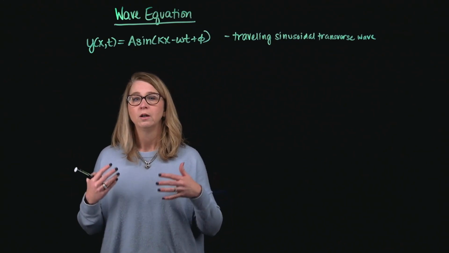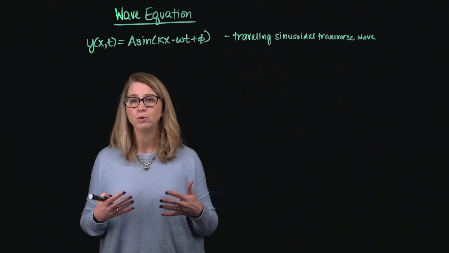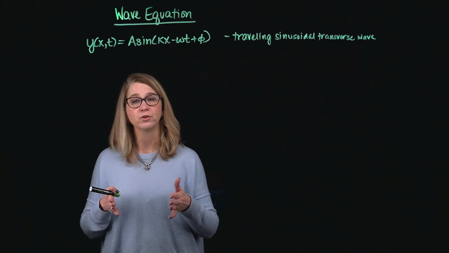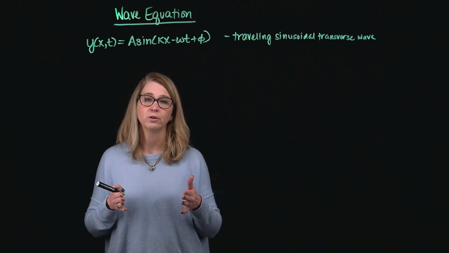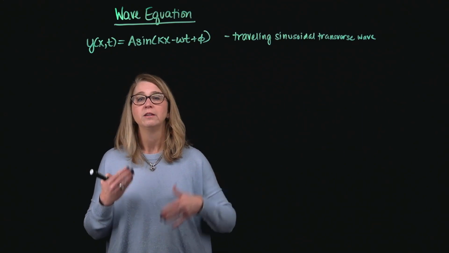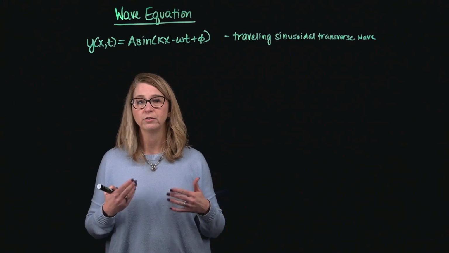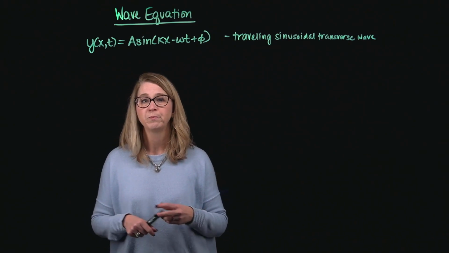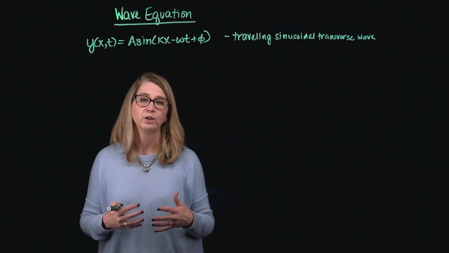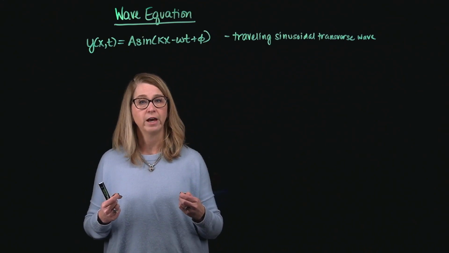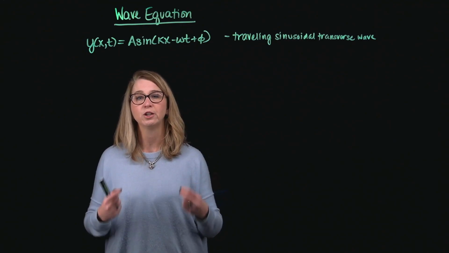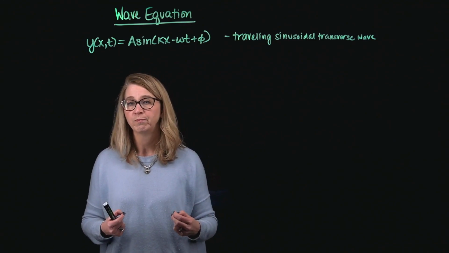And so if you position yourself at a particular location, then you will also see that in time, the way that wave looks is going to change. A lot of times when we picture a wave, we have taken a snapshot of what it looks like at a particular instant in time as well.